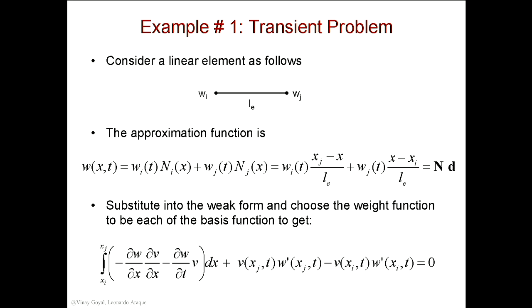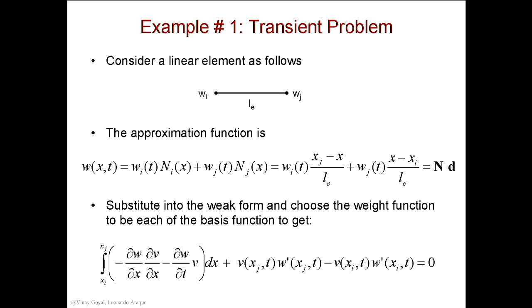So it is true. Okay, if I plug in x equals xi, same thing. This goes away. xj minus xi is Le, so now I just get 1 here. So w as a function of time at x equals xi is wi(t). That is true. That's what we discussed.